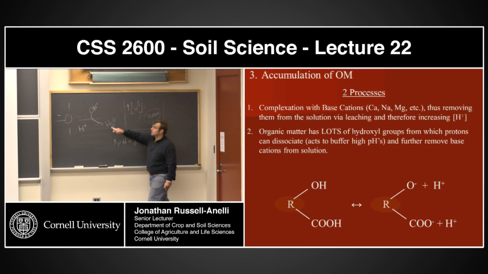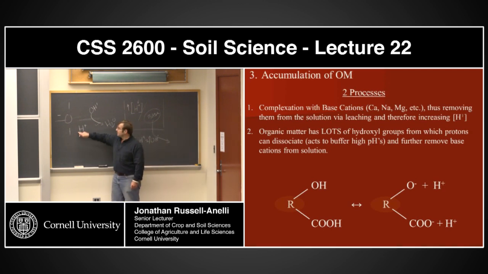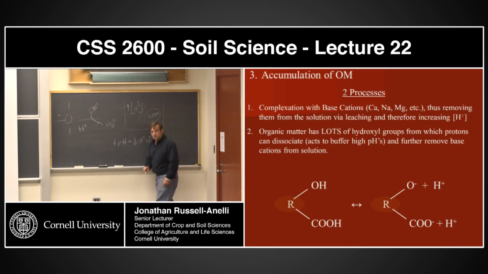Those protons are going to start bouncing off these cations, right? And as a result, my pH is going to start going down. My proton concentration is going to go up. My hydroxide concentration is going to go down. This is going to become a positive charge.